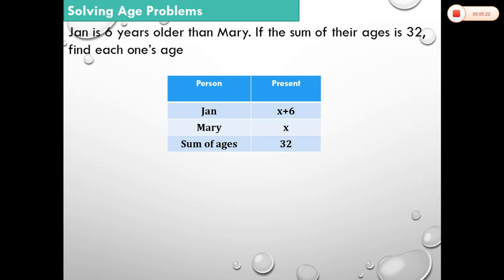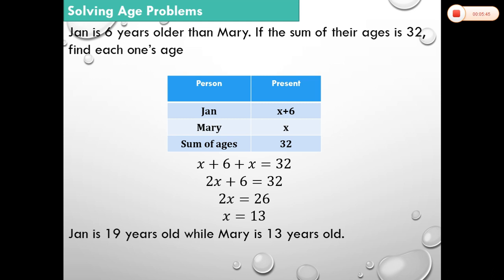The sum of their ages is 32. Then the equation is x plus 6 plus x is equal to 32. 2x plus 6 is equal to 32. 2x is equal to 26. x is equal to 13. Hence, John is 19 years old while Mary is 13 years old.